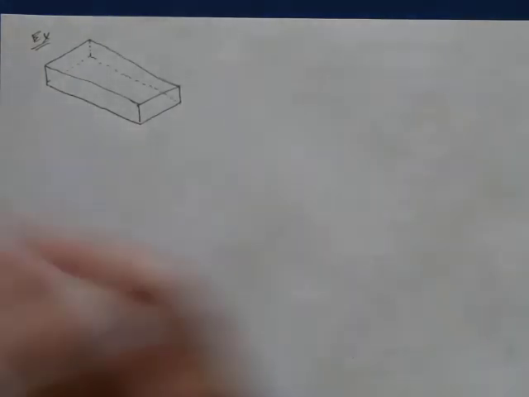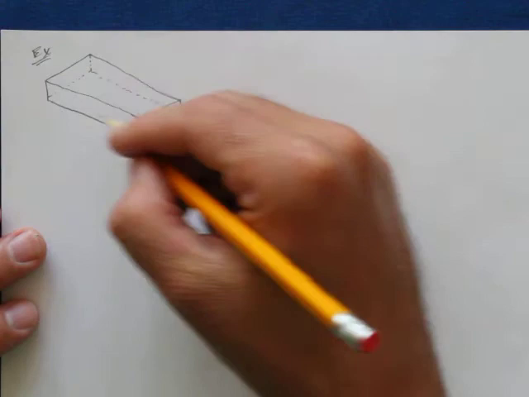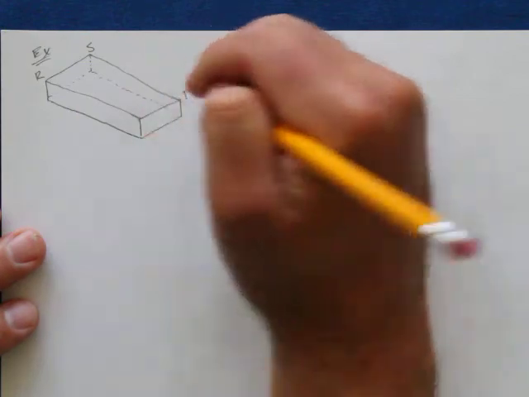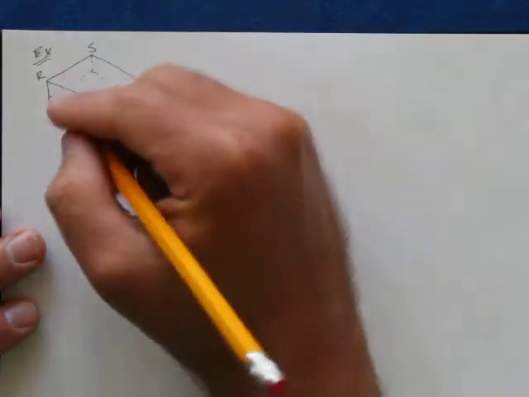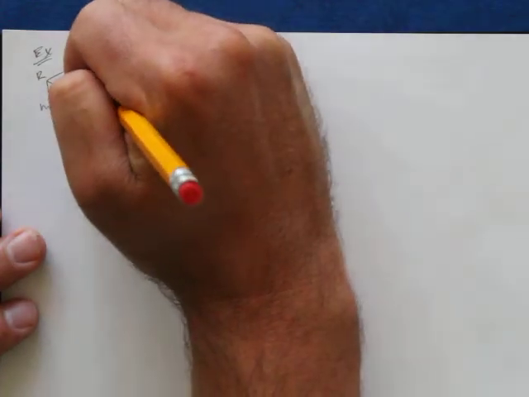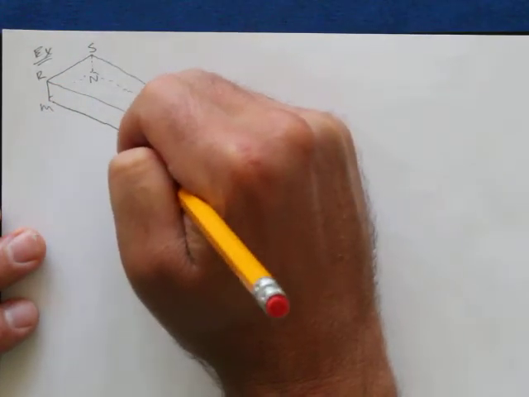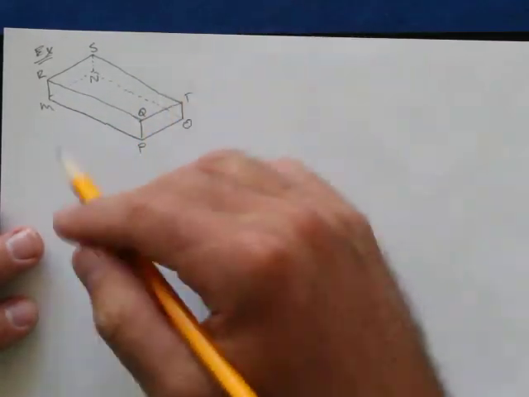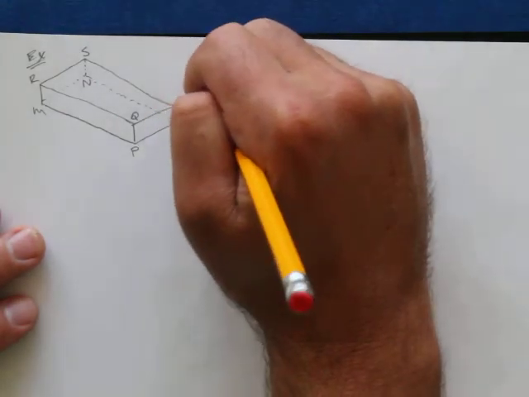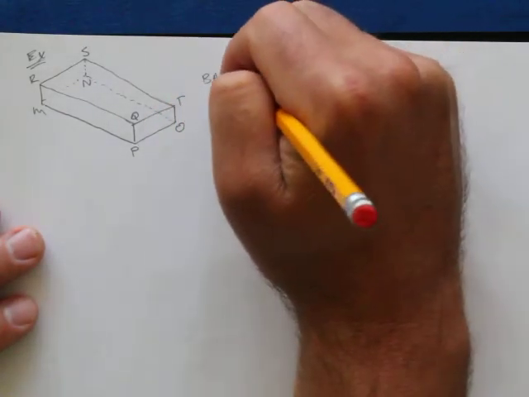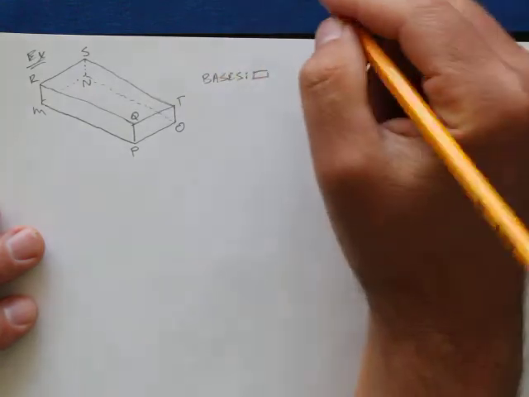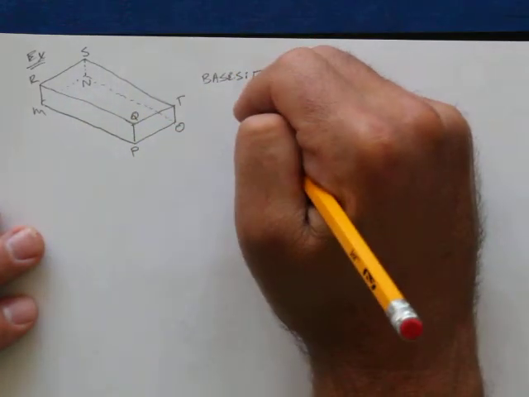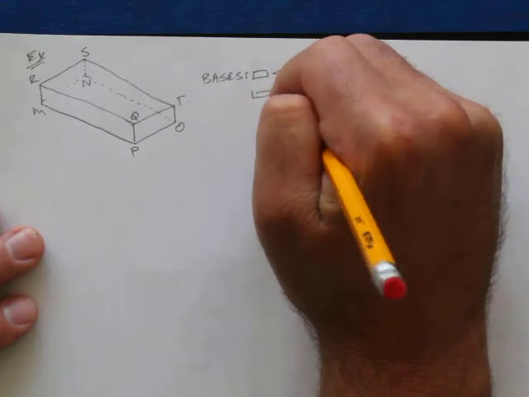I'm going to label all of these vertices. So I'm going to start with the top part here, and this one is R, S, T, and Q. And on the bottom I've got M, N, O, and P. And so my bases for this rectangular prism are rectangle SRQT, that's the top, and rectangle NMPO.